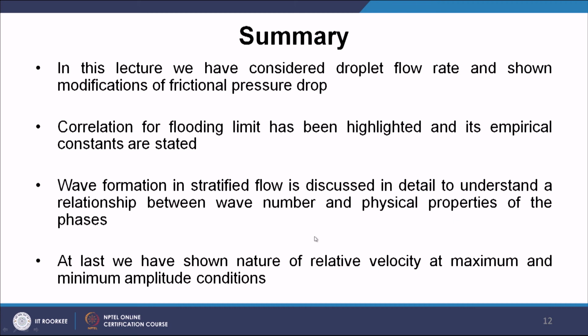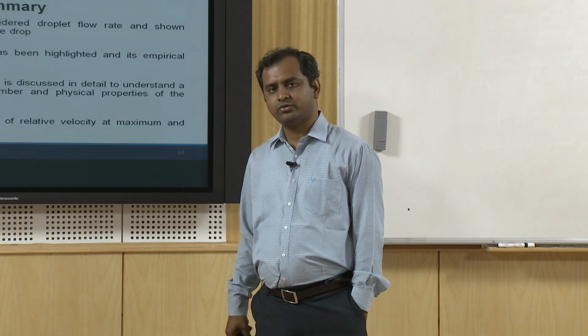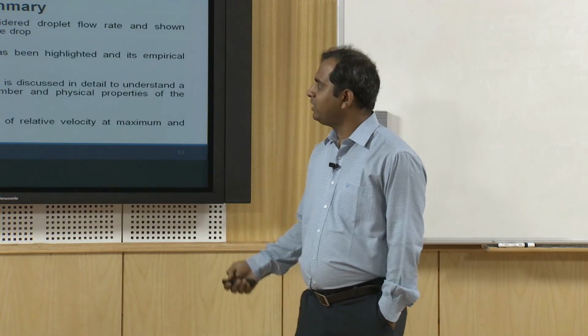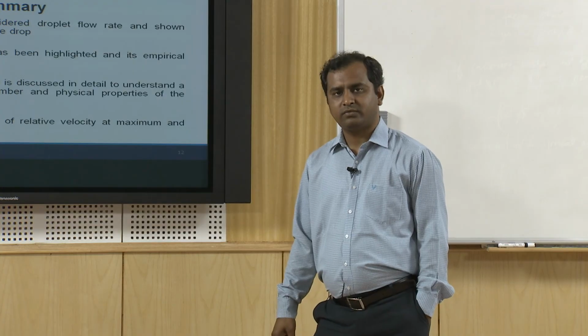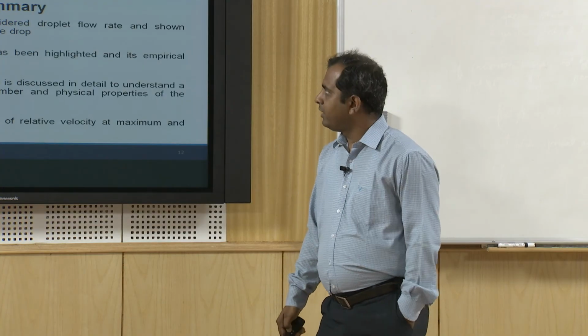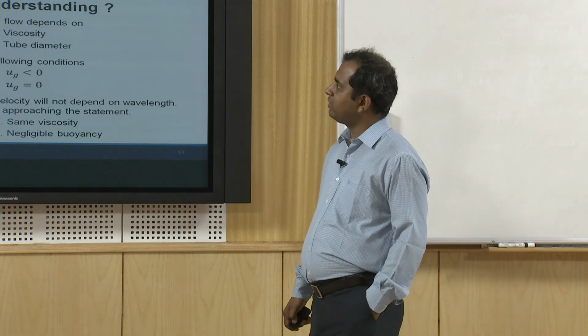And at the end we have seen the extreme limits for the wave amplitudes, that means maximum and minimum extreme amplitudes, and found out whether it is dependent on the surface tension or not. With this let us test your understanding after the end of this lecture.